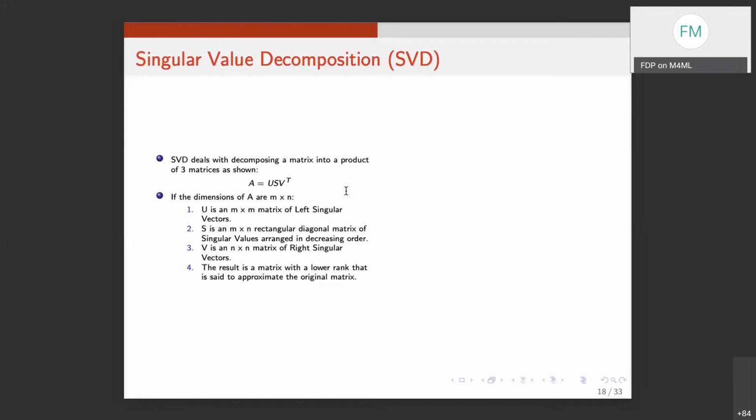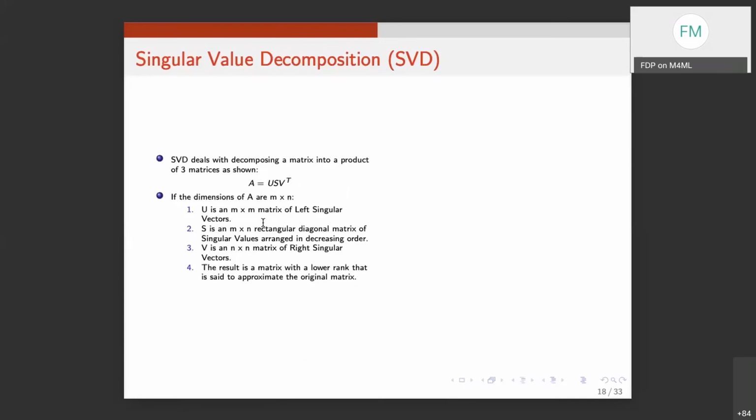And V transpose holds the right singular vectors, which are basically eigenvectors themselves. So sigma is the eigenvalue, V transpose is the eigenvector, and U is basically a columnar matrix.